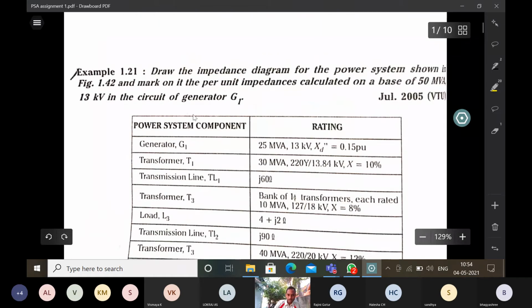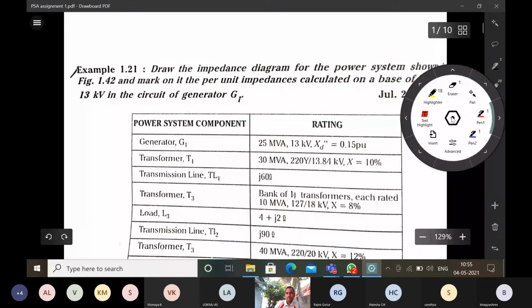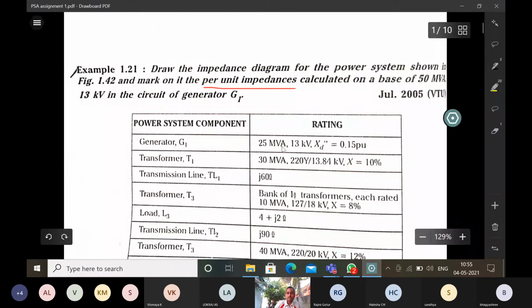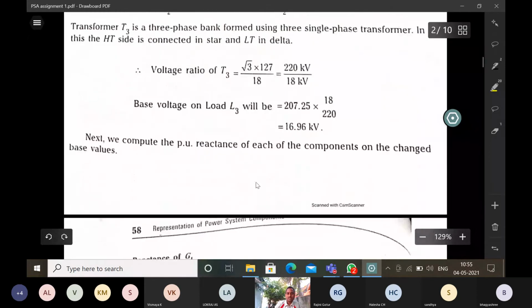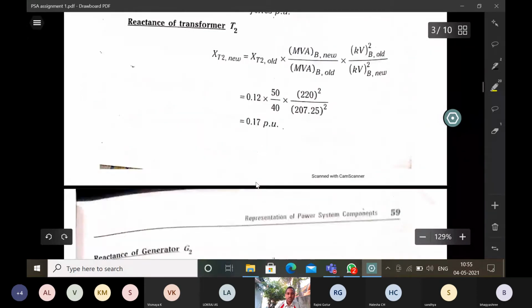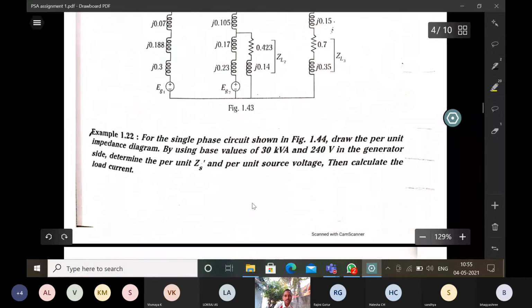Calculate it and draw the per unit impedance diagram. So calculate it. The answer is also there here. Go through this and draw the reactance diagram.